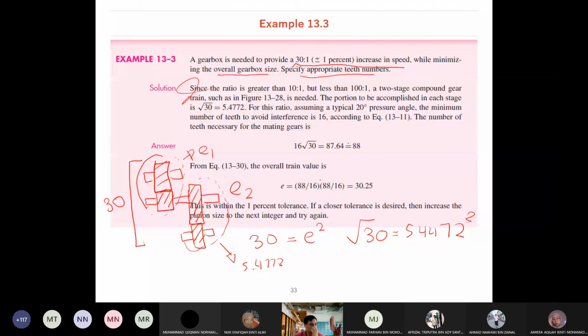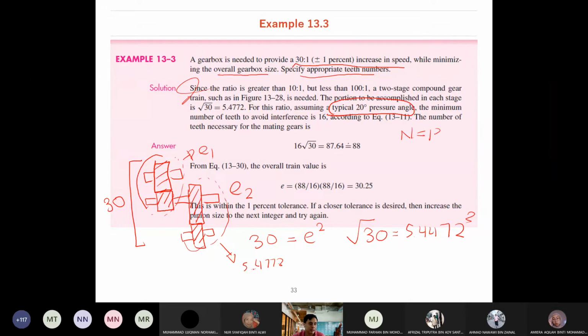Apa lagi information yang awak nak kena tahu ialah awak gunakan 20 pressure angle. Kan? So this is normal lah gear kita pakai. Alright. So the other information that awak nak kena tahu is the number of teeth. Okay. Gear ni you cannot simply put number of teeth dia 13.